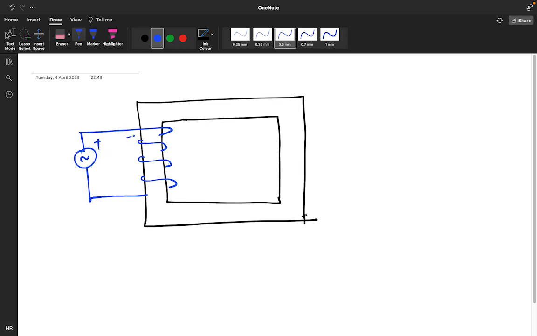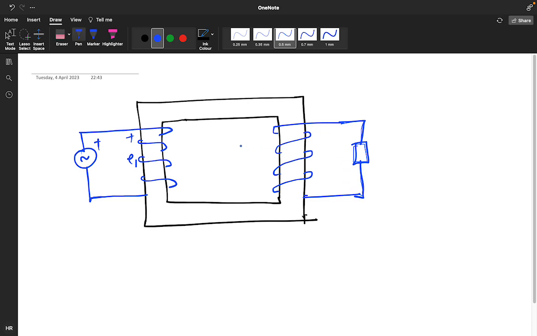So you are developing some EMF, so I am writing E1. And here also you have turns. This particular is your load.